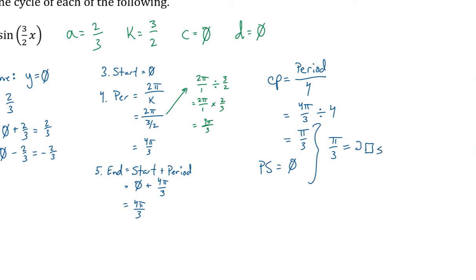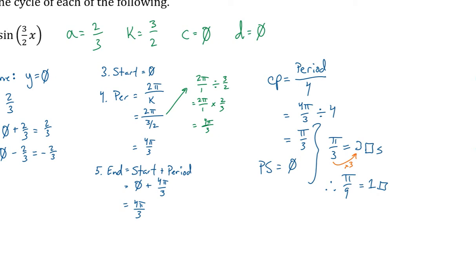I'm going to say pi by 3 is 3 squares, which means, and you don't necessarily have to know this part, 1 square is pi by 9, because 3 times 3 is 9.